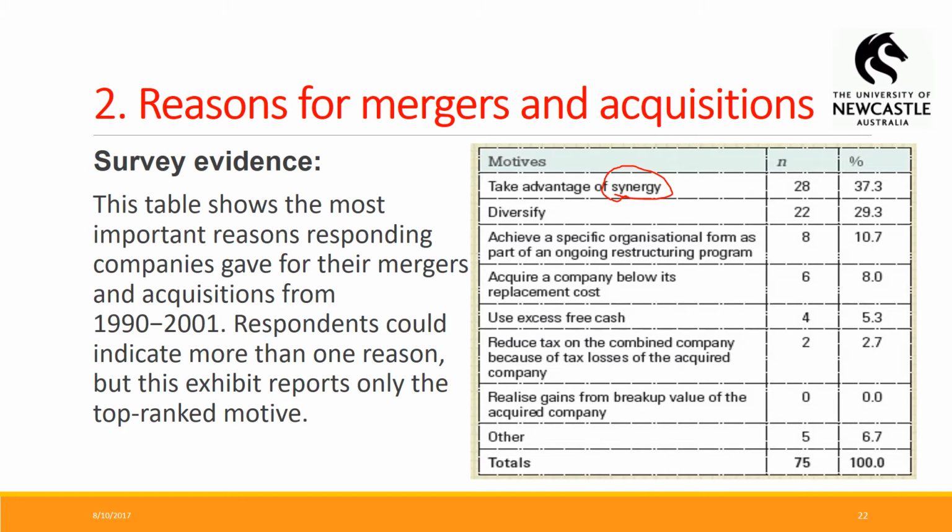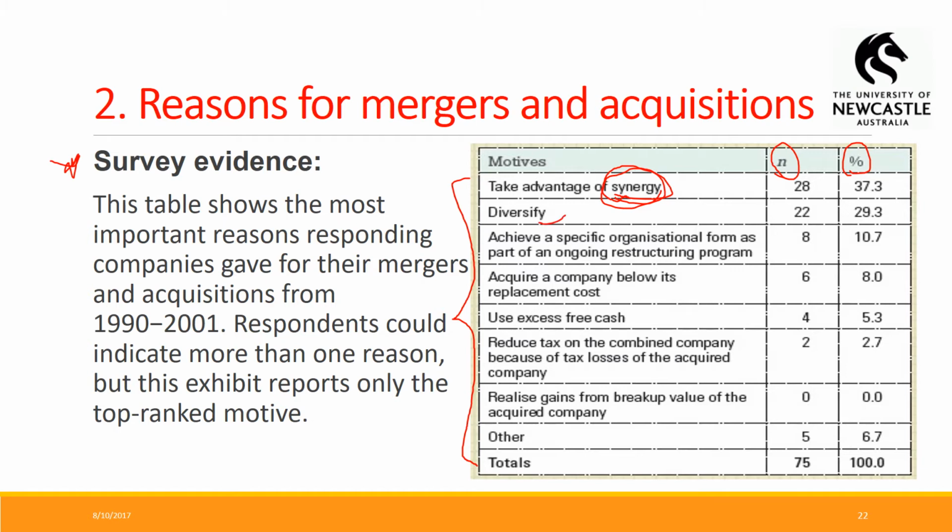In this study, people went out and surveyed CEOs and CFOs on the reasons why they do M&A activities, right? Out of all the people that responded, these are the top reasons. The top reason by voting is synergy. The second reason is diversification, right?